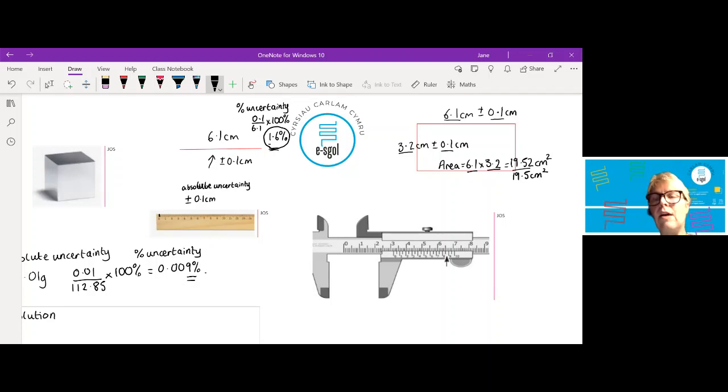Now let's have a look at what the percentage uncertainties are, because the area can be found by the one length times by, say, the width. When you're dealing with percentage uncertainties, to work out the percentage uncertainty in the area, we don't times the percentage uncertainties. We find the percentage uncertainty in the length and we add to it the percentage uncertainty in the width.